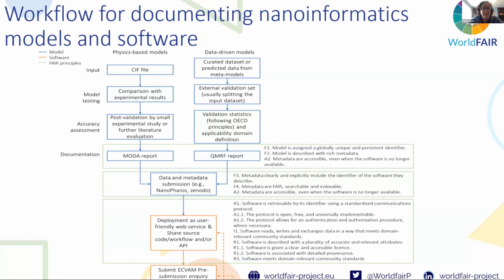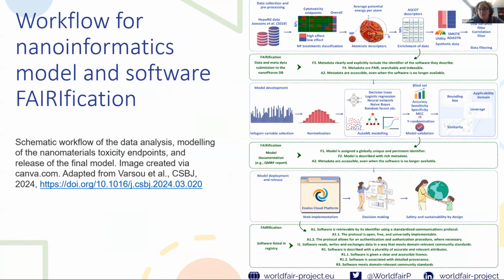We also then try to show it for a combined workflow where we're integrating data that we extract from the literature. So this is nanoparticle treatments in terms of cell toxicity, and we have a heat map that shows some of the particles have a high effect in terms of toxicity and some have a low effect.